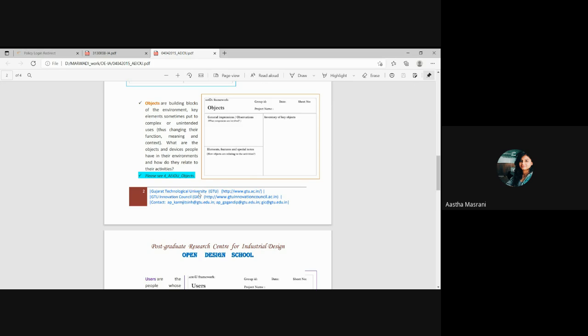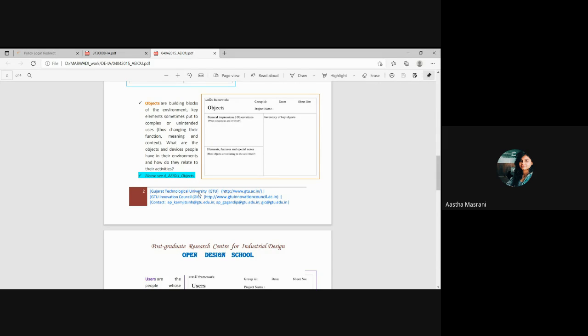So you need to mention the objects that are used to make that application work. And whenever you have visited the field, if you wish, you can check which of the objects they have used, and mention that in the object portion.